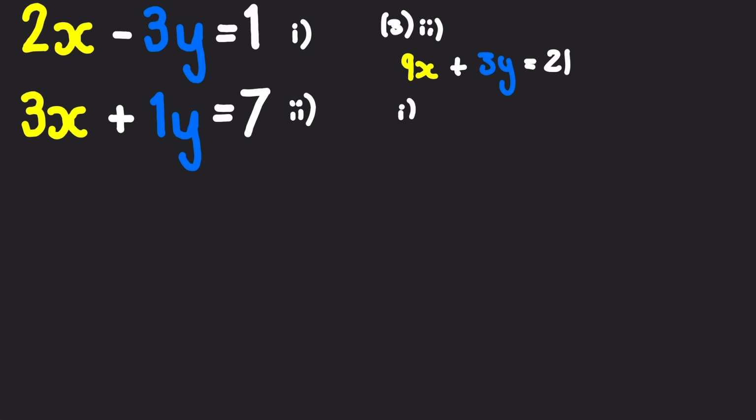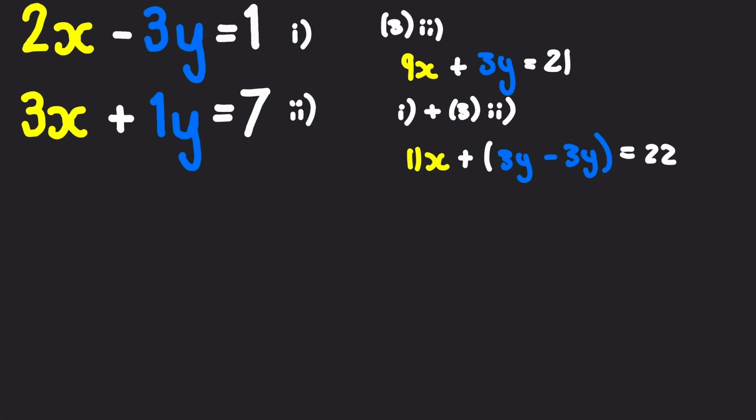If I say equation 1 plus 3 times equation 2, I get 11x plus 3y minus 3y, which equals 21 plus 1, which is 22. So 11x is equal to 22, and therefore x is equal to 2.